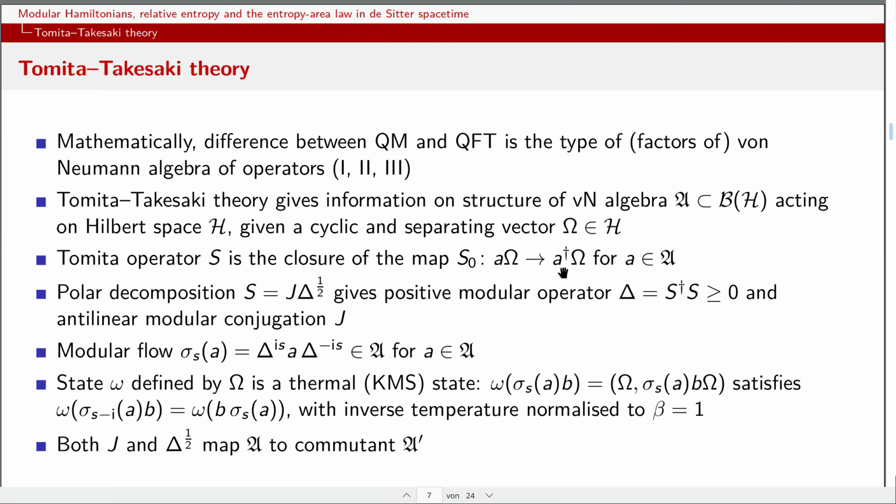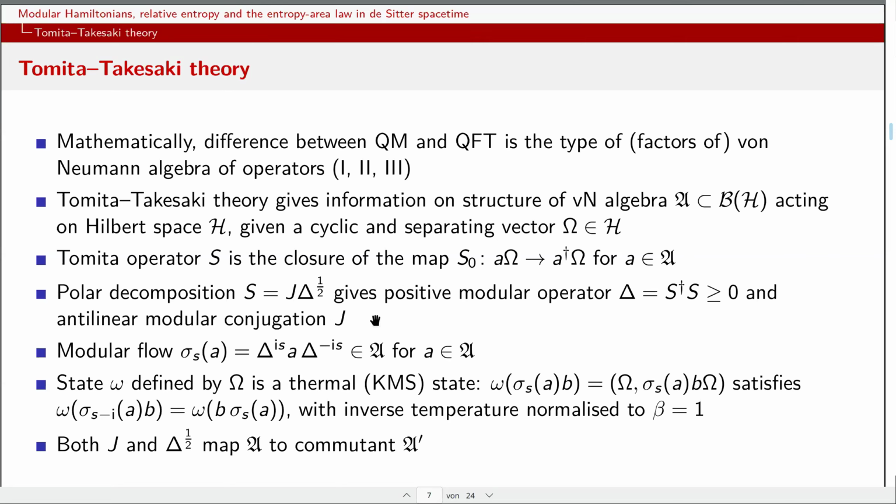And analogous to the decomposition of a complex number into phase and modulus, for closed operators there's a so-called polar decomposition, which means that one can write S as a product of two operators, J and delta^(1/2). Delta is the analog of the modulus. It's called the modular operator. It's positive. Well, there's a 1/2 here for historical reasons. And the analog of the phase is J. That's an antilinear operator, antilinear because S maps things to the adjoint. And it's called the modular conjugation.